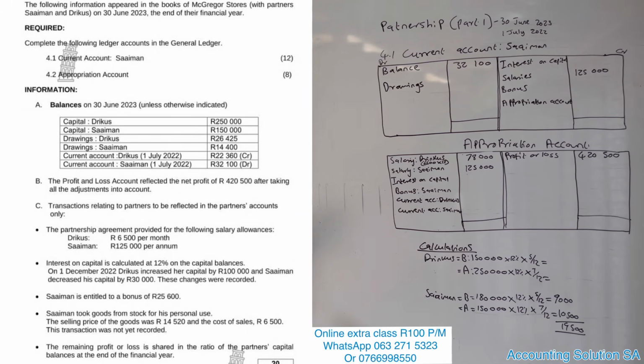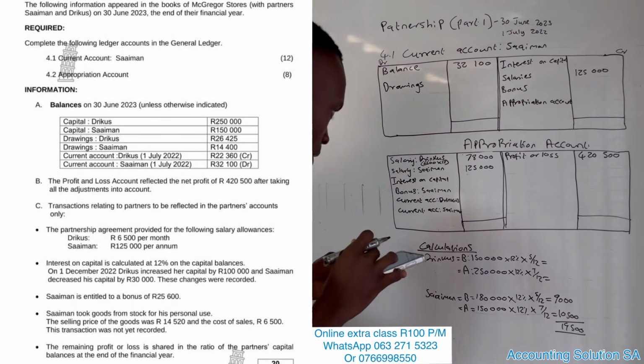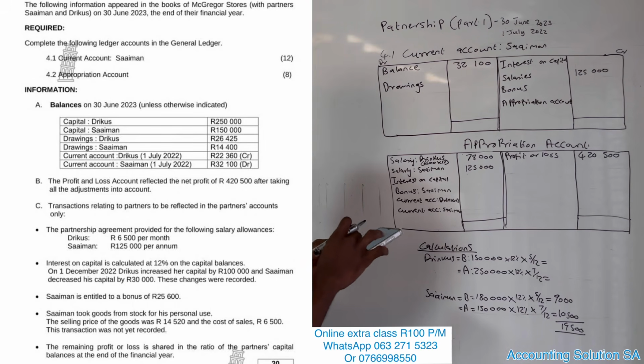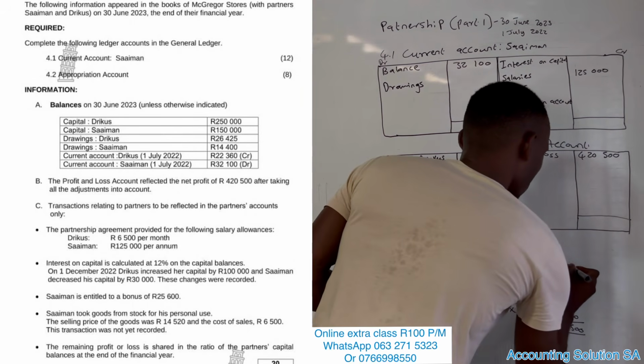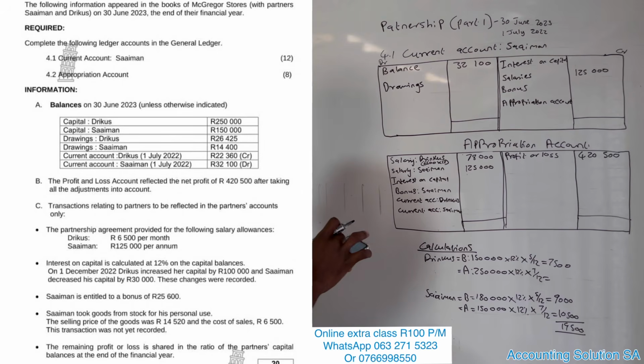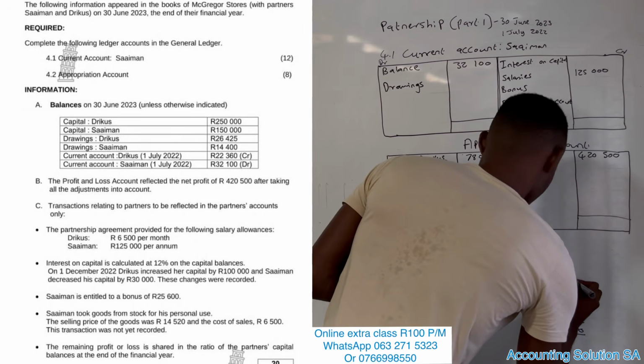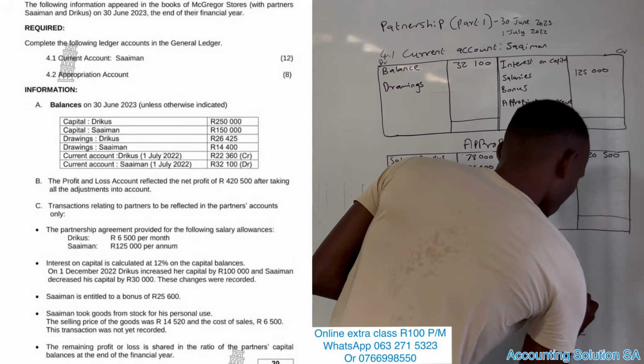Then for drinkers, let me quickly calculate to make sure. 150,000 multiplied by 12% multiplied by 5 over 12 is going to give us 7,500. 250,000 multiplied by 12% multiplied by 7 over 12 is going to give us 17,500.